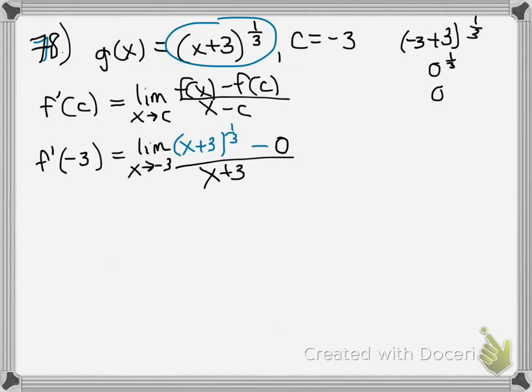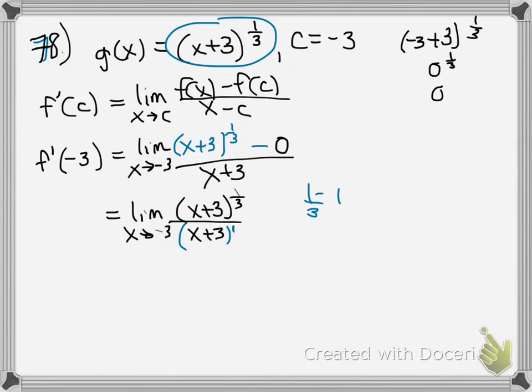And in this situation, I get what I got before. So I have x plus 3 raised to the 1/3 power over x plus 3 as x approaches negative 3. I cannot use direct substitution because I get a 0 on the bottom. However, I know that I have an exponent of 1 here. So 1/3 minus 1 equals negative 2/3, which means my power is going to stay in the denominator.